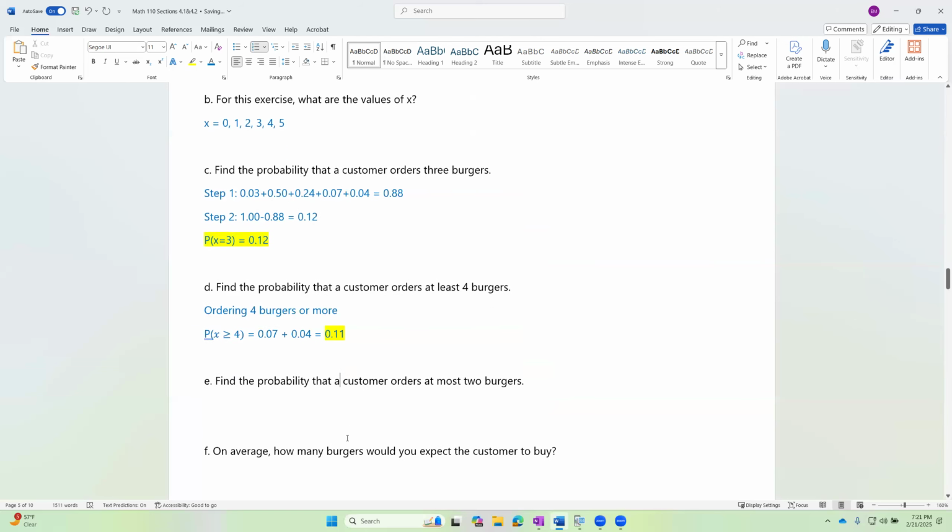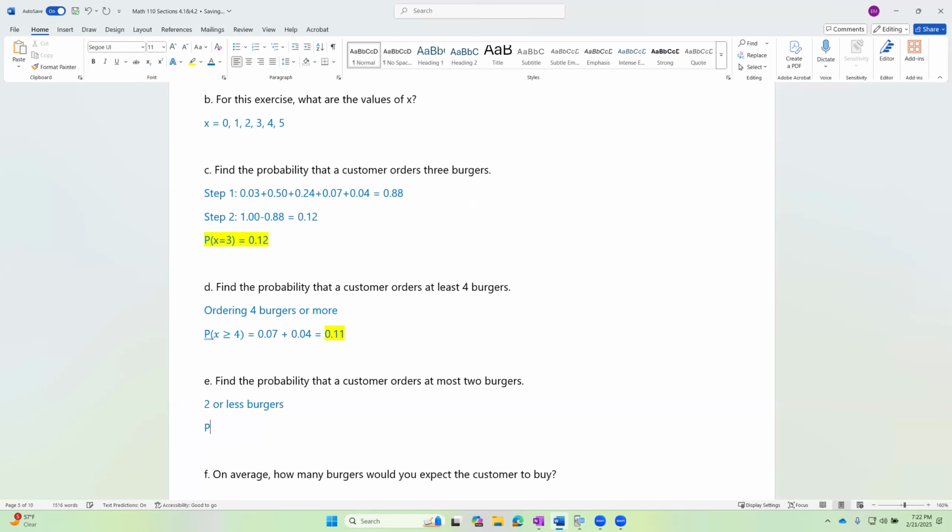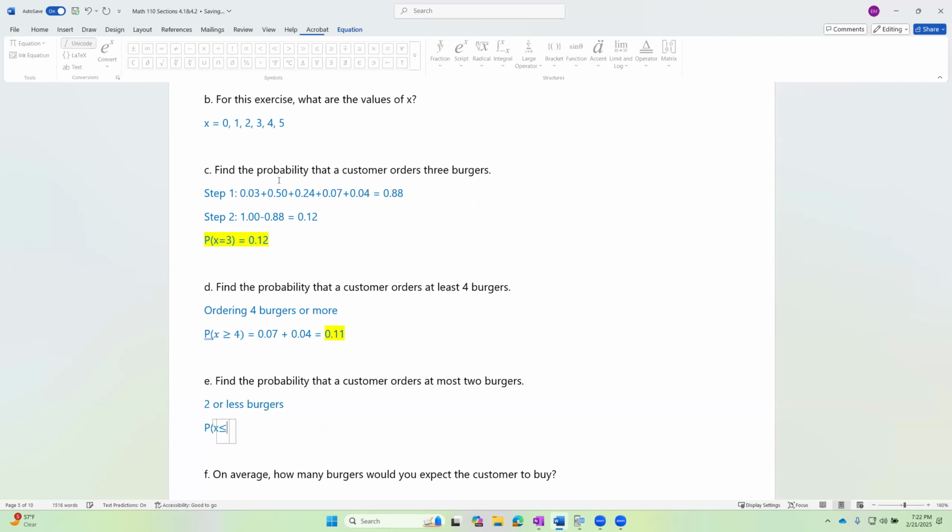Okay. Sort of an opposite statement now. Find the probability that a customer orders at most two burgers. If they're ordering at most two burgers, that means it is two or fewer burgers, because the most it could go up to is two. They're still ordering zero, one, or two, but the most it can get is two. The math notation would be the probability of X less than or equal to 2.